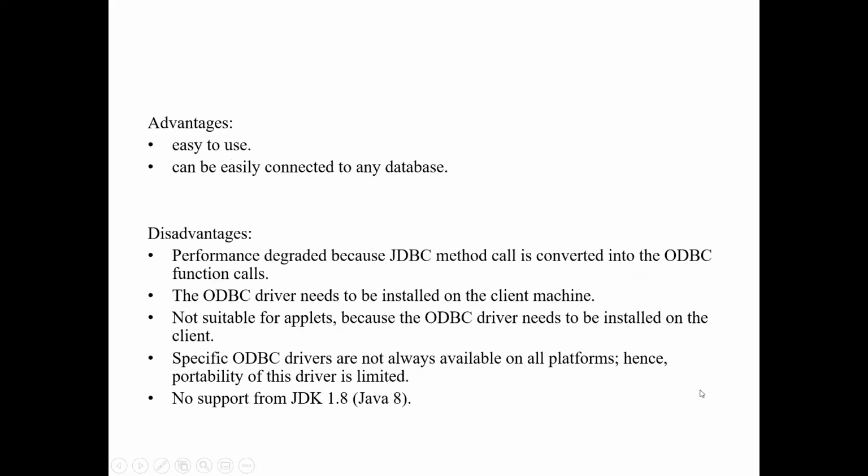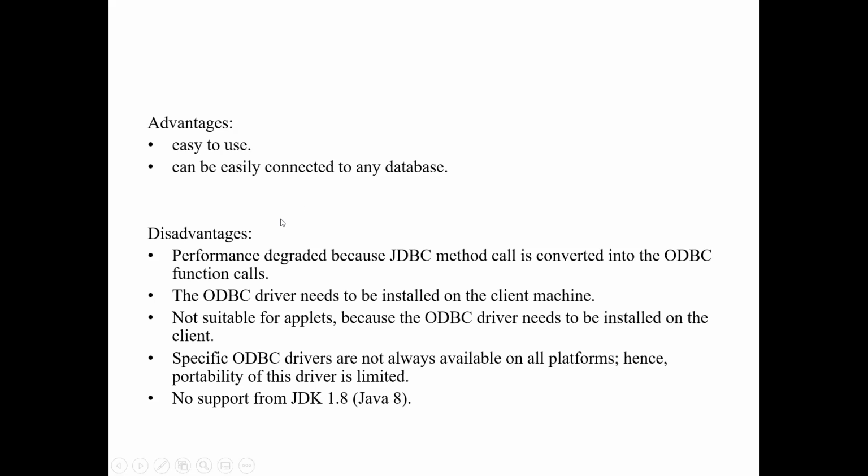Okay, so that's why these are the disadvantages. Native languages lo develop cheyadam is a disadvantage, and platform dependent is another disadvantage. Based on these disadvantages, type 2 driver is kept with more features. Here also some advantages are there because it is easy to use and easily connected to any database.